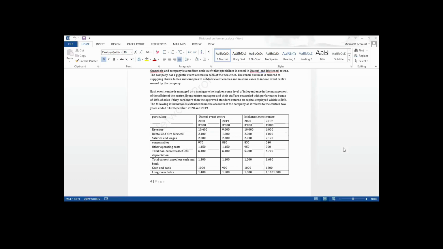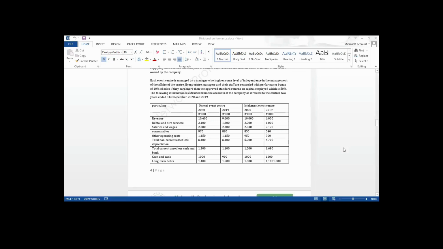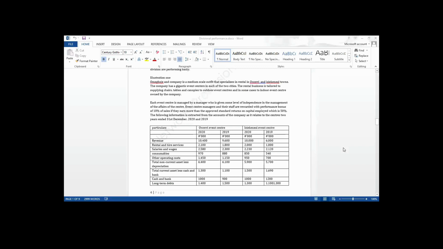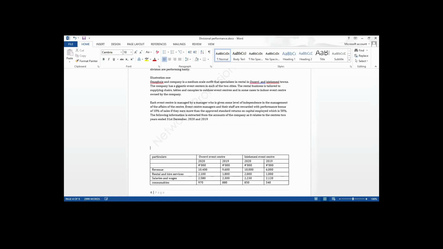Owerri Center, Isekenisi Event Center. You have the information supplied to us. Please, I like to have them together. I don't like this breaking.